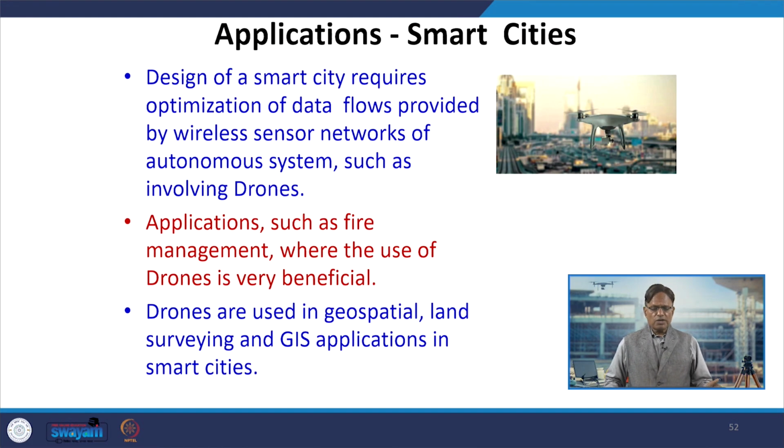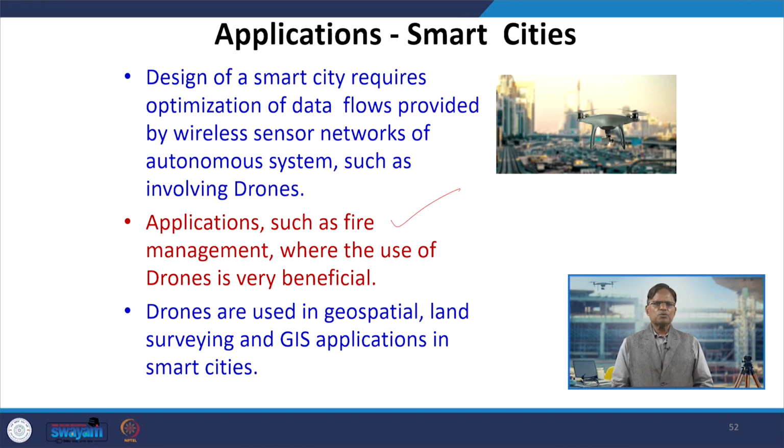In a smart city also we have a lot of applications, because we have a network of wireless sensors in the smart areas, and these sensors will provide us data, and we will have the drone data, and we can use it for applications like forest fire management, where drones are very beneficial.